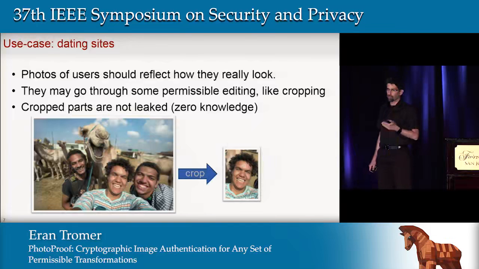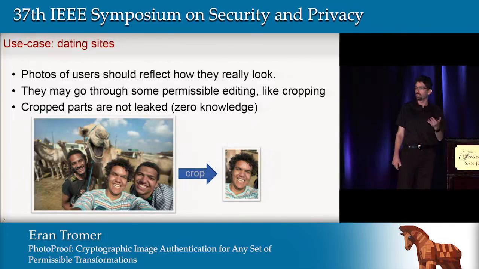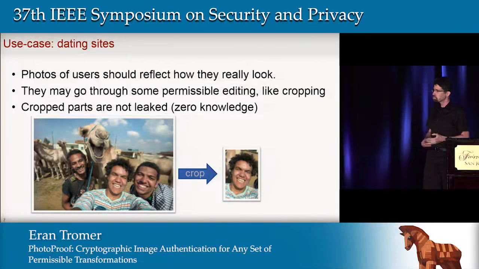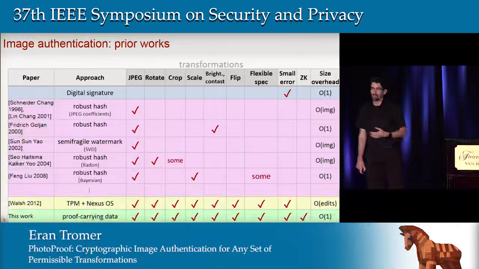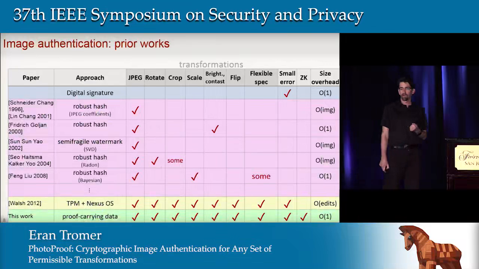For example, this attractive picture right here may originate in a somewhat less attractive picture, and we want the user to be able to crop just the relevant portion while hiding the rest. So I think this is a very, very reasonable set of properties to wish for. And indeed, the desire for this has been recognized for decades now.